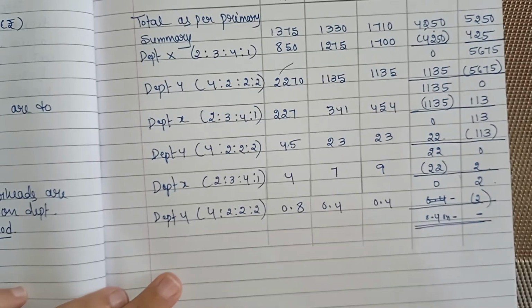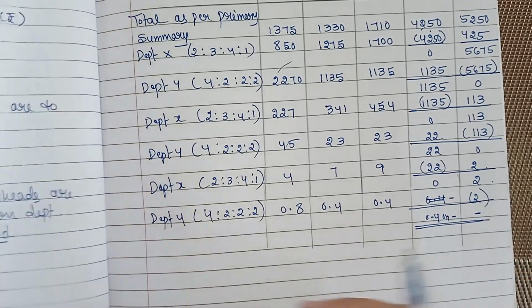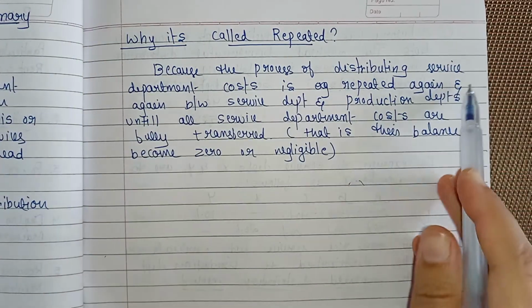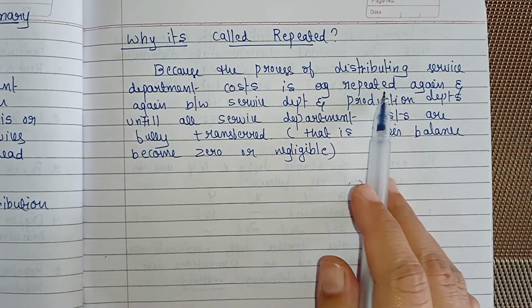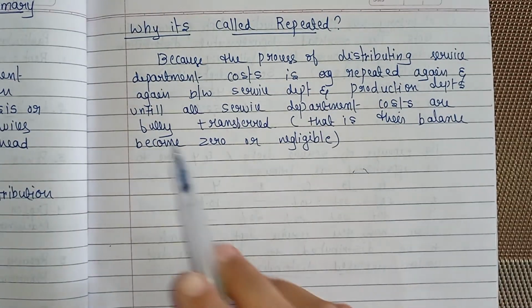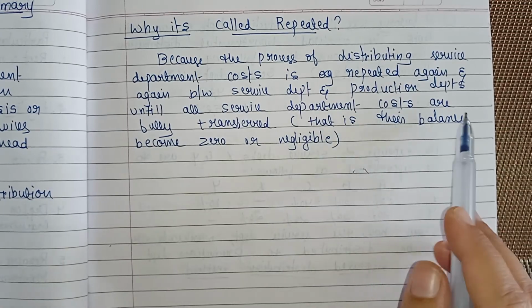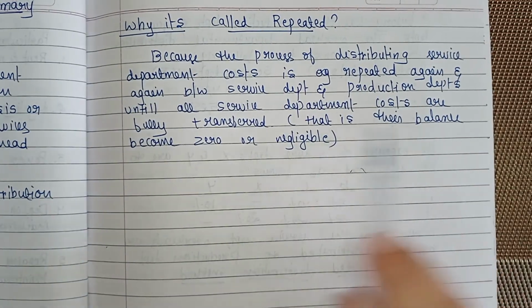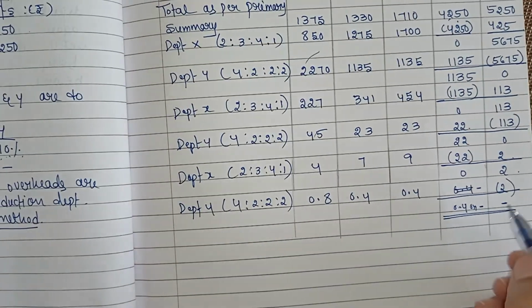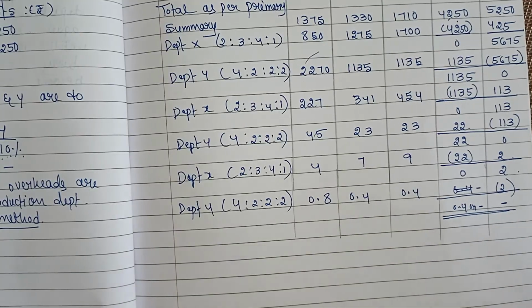Here we have finished our problem because the repeated distribution method, what it says, the process of distributing service department cost is repeated again and again between service and production departments until all service department costs are fully transferred. That is, their balance becomes 0 or negligible. See this 0.4, this is a negligible amount, right? Or we can take it as 0. Need not write anything here.